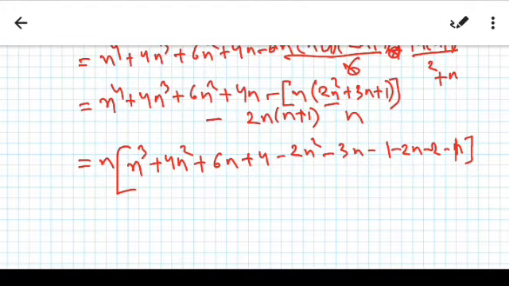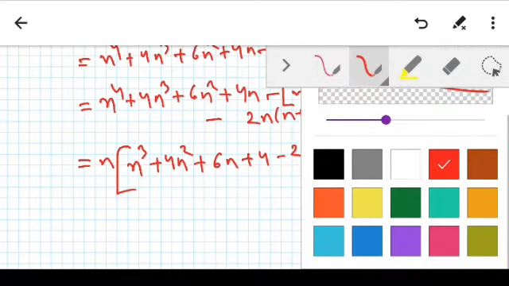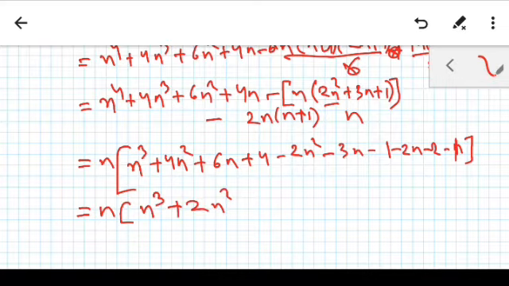Okay, so now let me finish it off. Right, look at this. This is n whole into n cube plus 4n square minus 2n square. It is 2n square. Then 6n minus 3n minus 2n. Again it is n. Now again it will be, I repeat, minus 2n minus n.